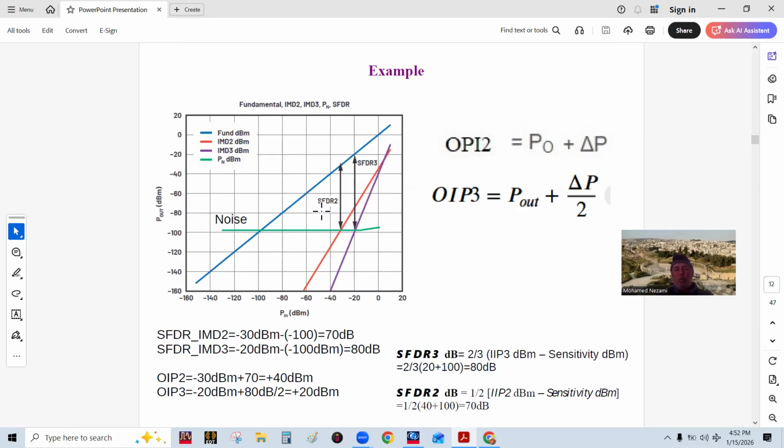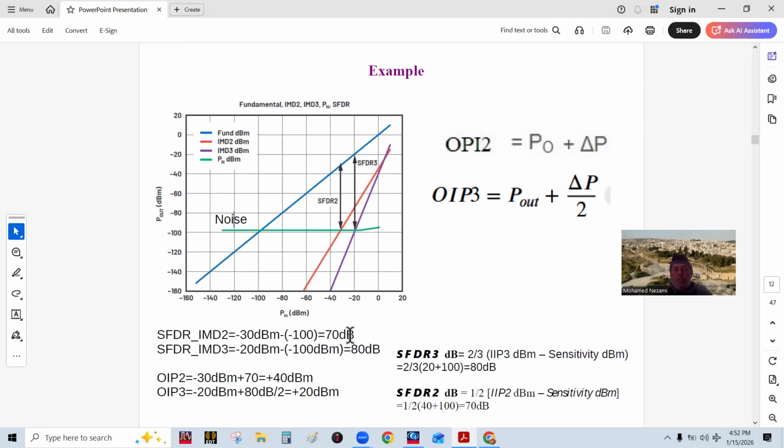Now the spurious free dynamic range 2 and spurious free dynamic range 3 are really a measure of how many dB below the output of the ADC is the distortion due to the second order or third order nonlinearity. In this case, you can see the spurious free dynamic range due to intermodulation 2 is just this point, which is minus 100 dBm, subtracted from this point, which is literally minus 30 dBm.